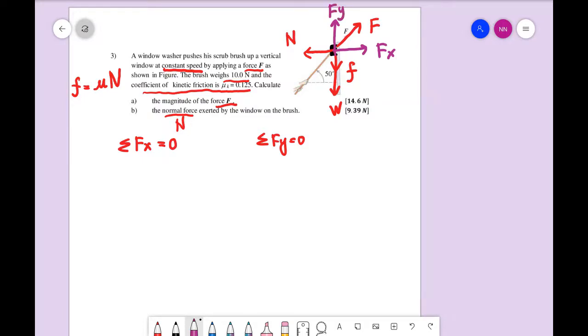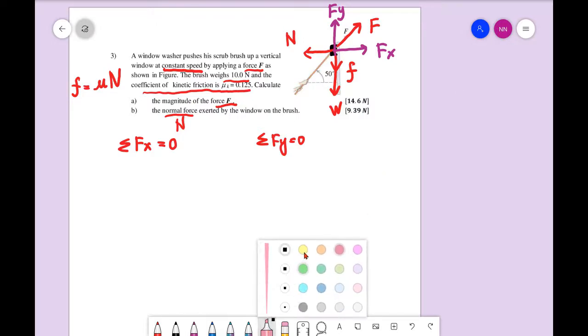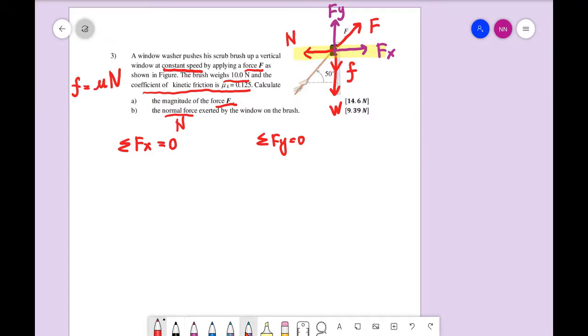Okay, Fy. So look at this area. This is the x component. We have N and Fx. So for net force x equals 0, summation Fx equals 0. So we have Fx plus negative N, because the direction of N is to the left.